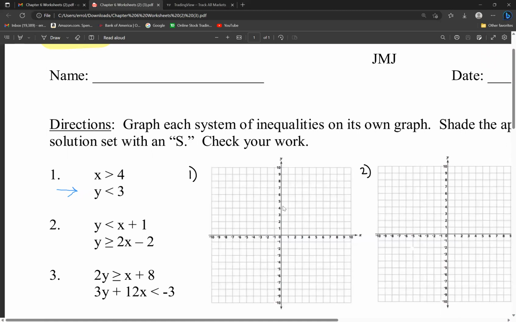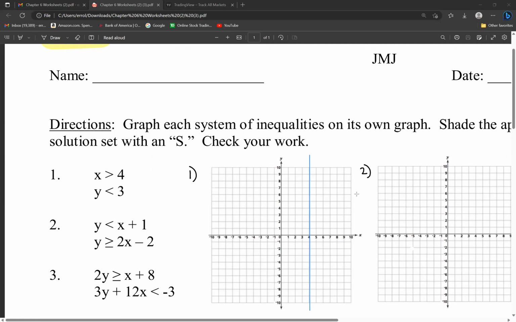Would it be 0, 4 or 4, 0? 4, 0. All right, so is it a line or is it a dot? A line. A vertical line, right? A vertical line. So there's our vertical line at x equals 4.